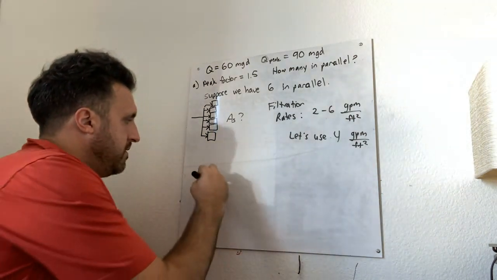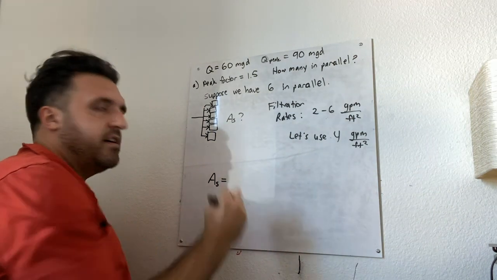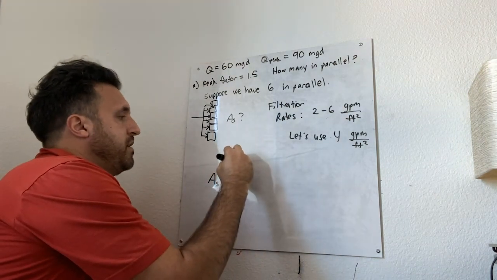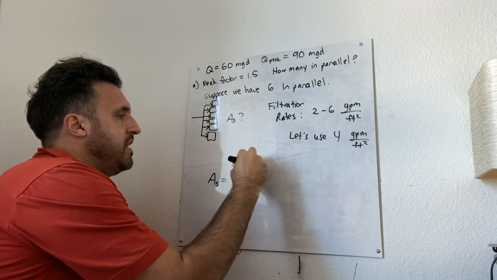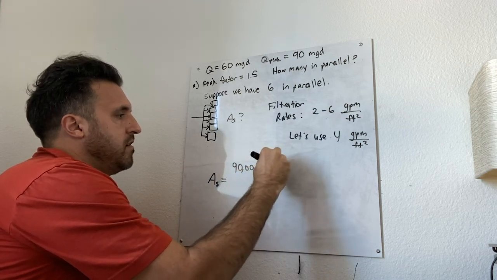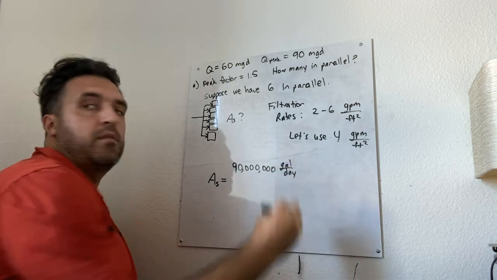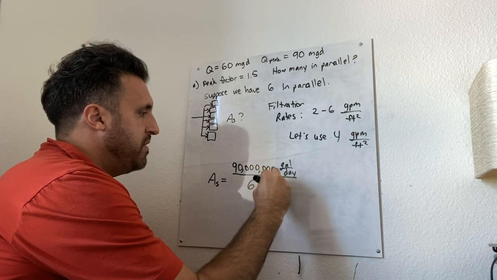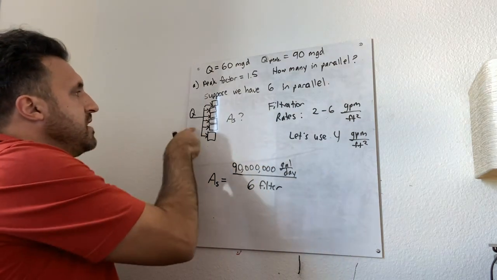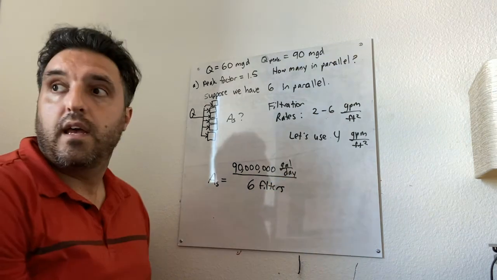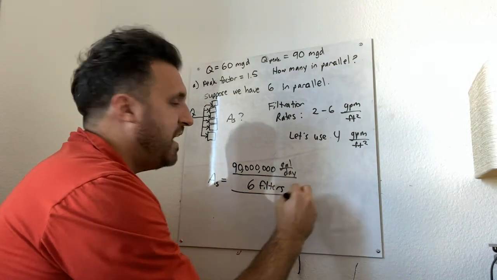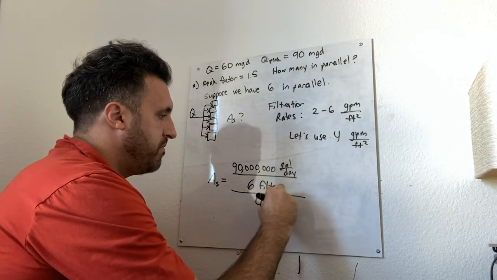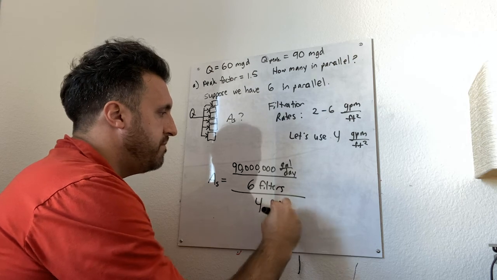Alright, so we can calculate the surface area using our peak flow rate for design, 90 million gallons per day, divided by 6 filters in parallel. Remember that flow is being split up into 6 equal pieces. Then we're going to divide that by 4 gallons per minute per square foot.